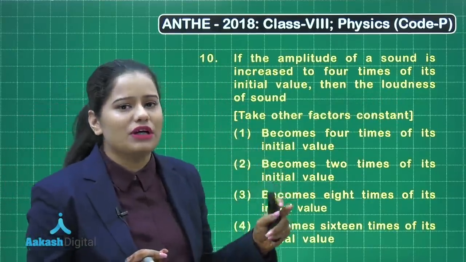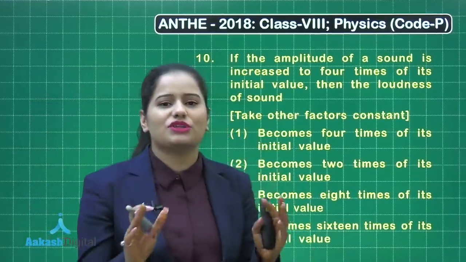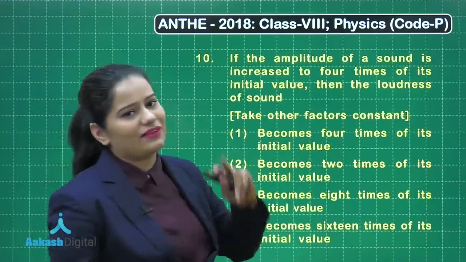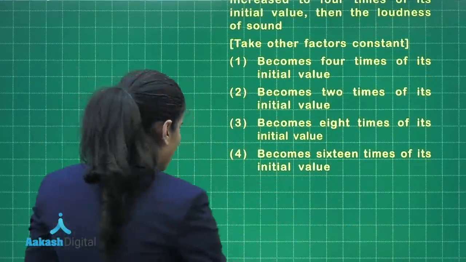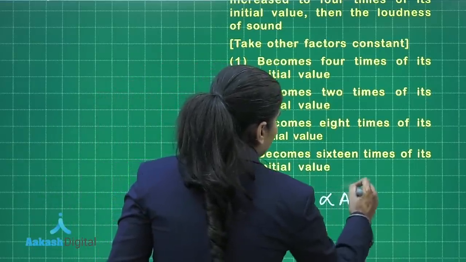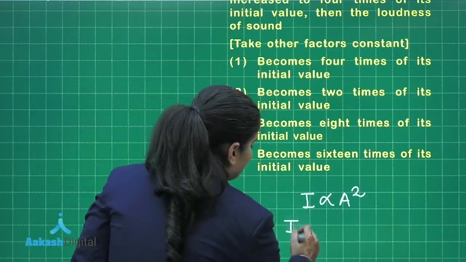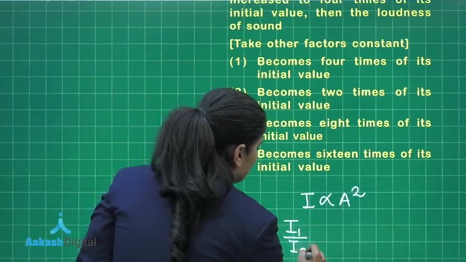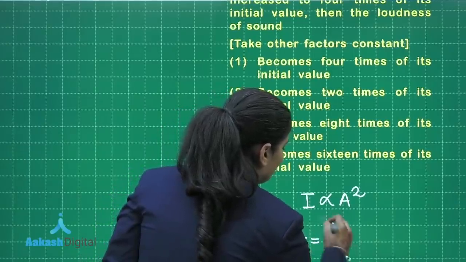to 4 times. To solve this question, first of all, one should know the relation between the loudness and the amplitude. We know intensity is the measure of the loudness of sound, and intensity is directly proportional to the square of the amplitude. So I can write here that I1 by I2 will simply be (A1 by A2) whole square.